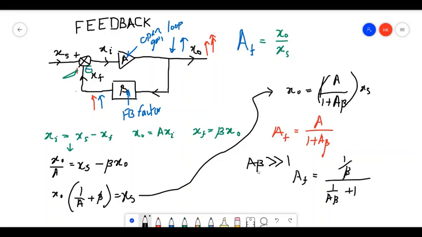So if A beta is far greater than 1, then we can neglect this 1 over A beta. So this will make the closed loop gain approximately equal to 1 over beta, when the A beta product is far greater than 1.